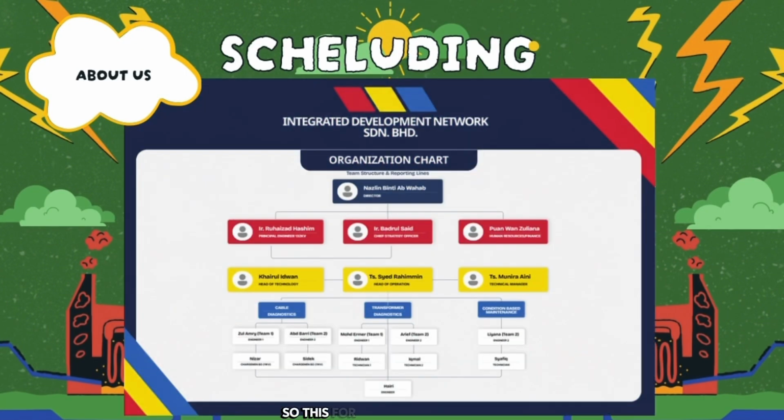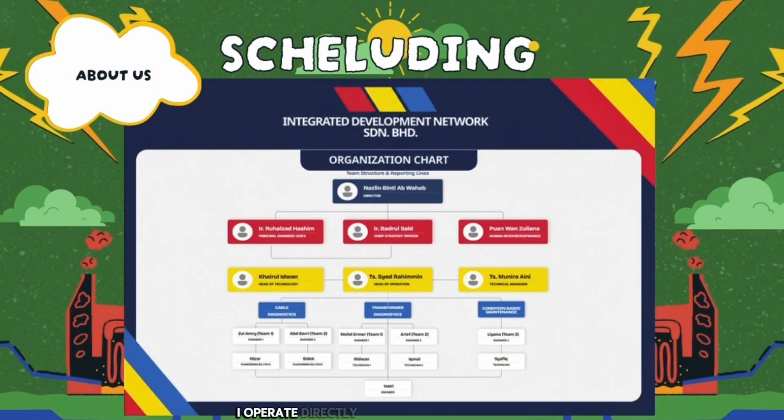So for this slide is executives. A specialized project like this requires a highly coordinated team structure led by our director Nazlin binti Abdul Wahab and principal engineer Ir. Rohaizat Hashim. Our operation are split cleanly into cable diagnostic, transformer diagnostic, and condition-based maintenance.